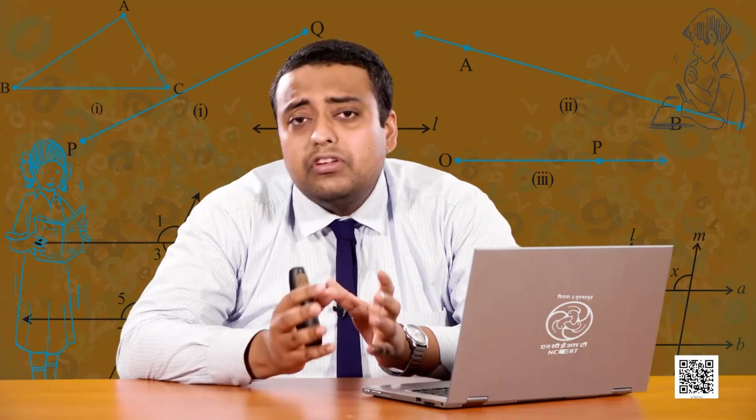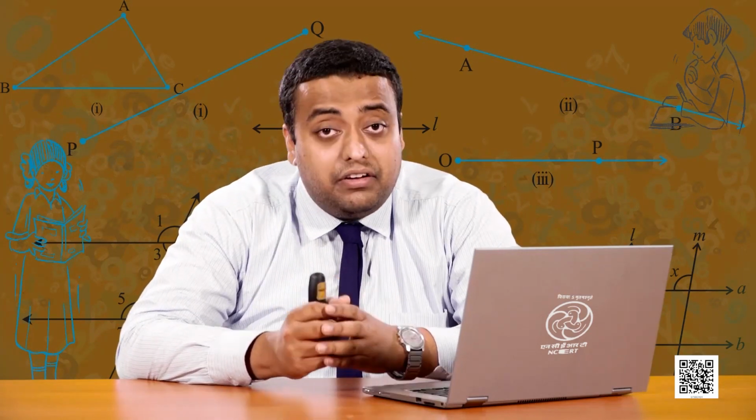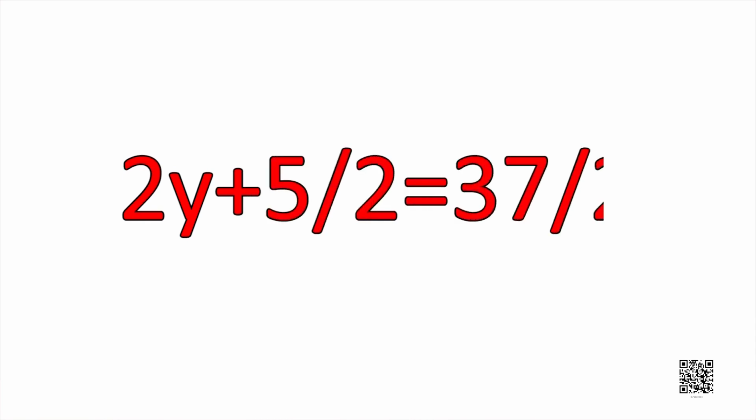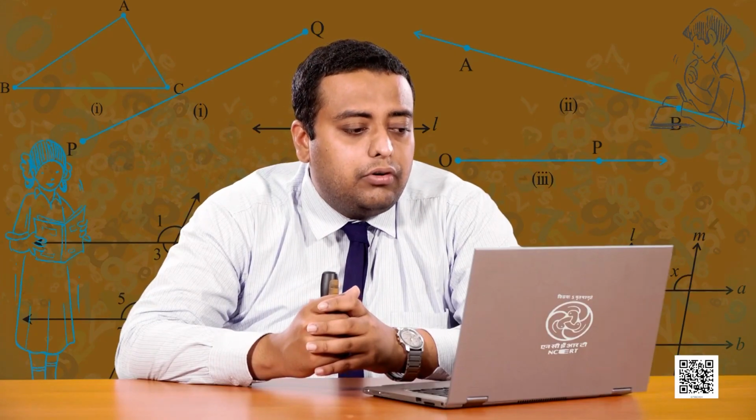This brings the students to exercise 4.3. The first question is solving the equations. We will solve these equations in a similar fashion in which we did our examples. The first question is 2y plus 5 by 2 is equal to 37 by 2. We can solve this equation, students, by following various methods.